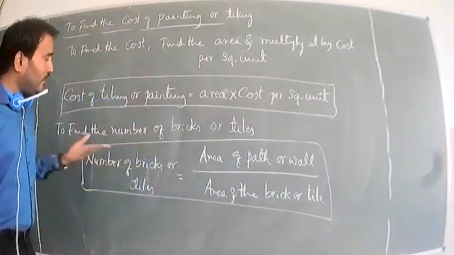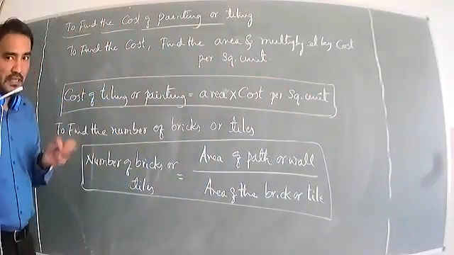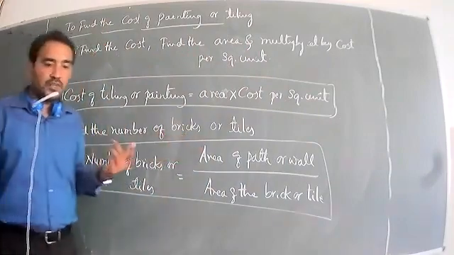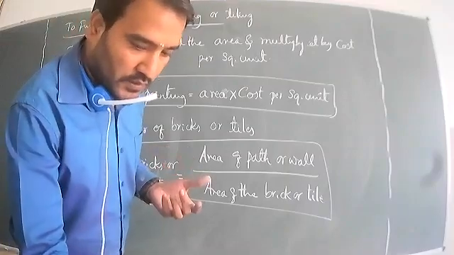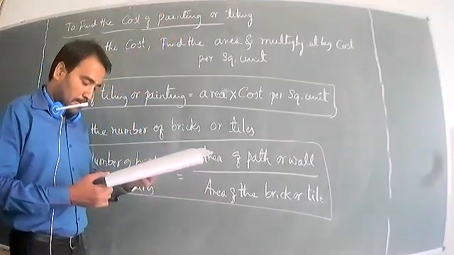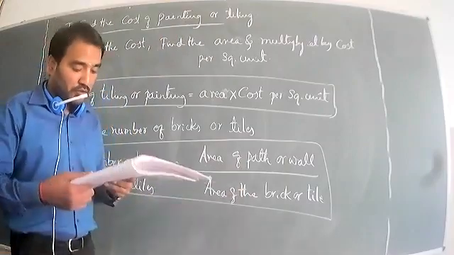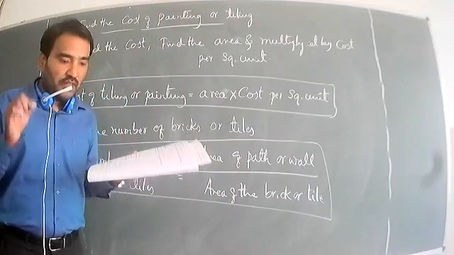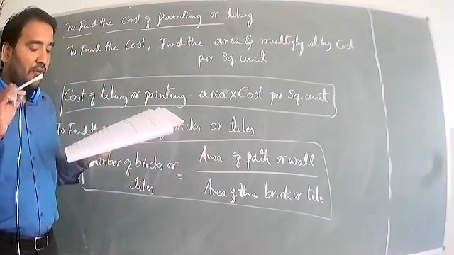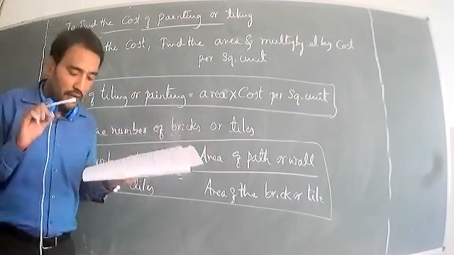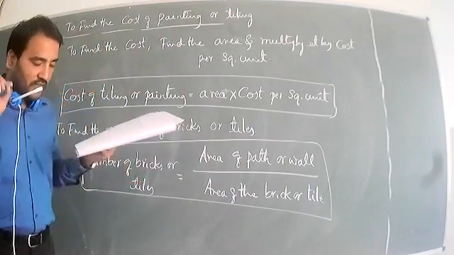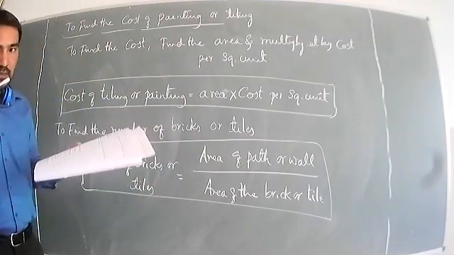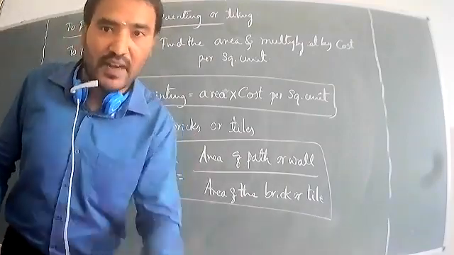So this is the first point. Okay, the second point is to find the number of bricks or tiles. I will tell you the question: how many bricks are required to build a wall of height 2.8288 meters and width 50 centimeters, if the length of the brick is 12 centimeters and breadth is 10 centimeters? Find the number of bricks.